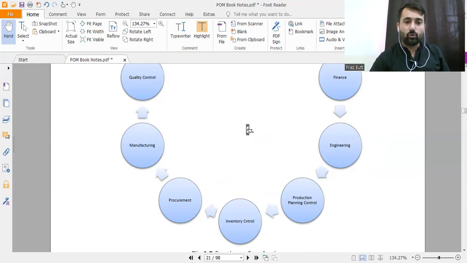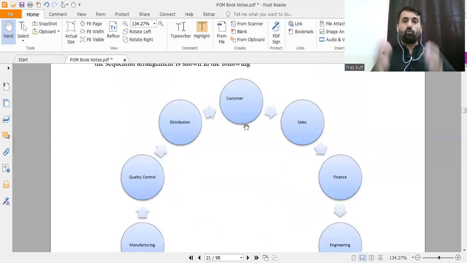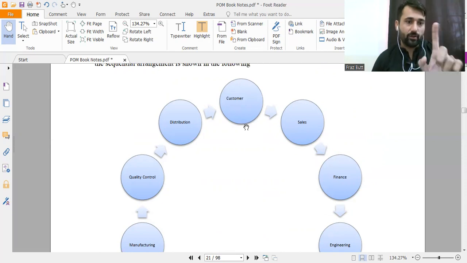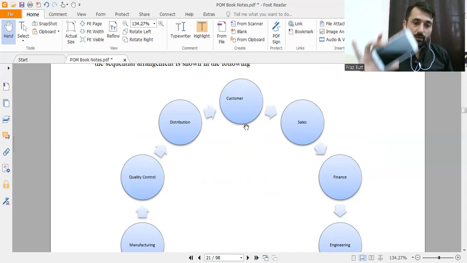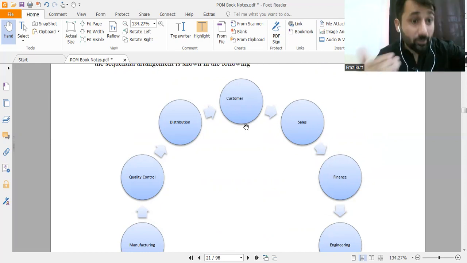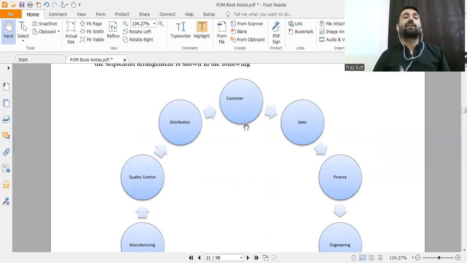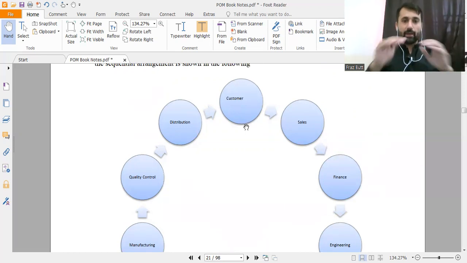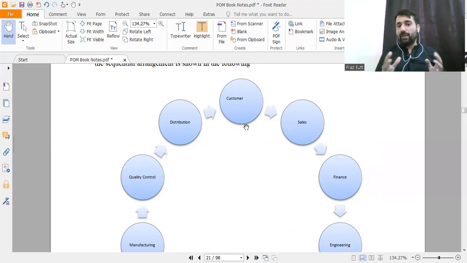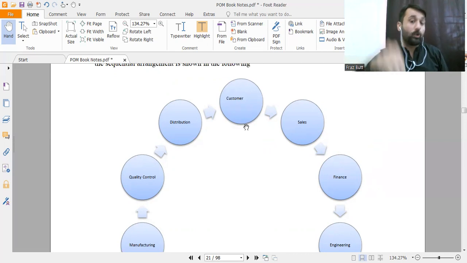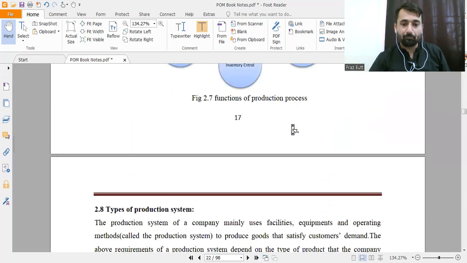And quality control, distribution: whether the standards that we communicated to the customers are as per their expectations. Does a customer give you a positive review? So you have to make the standard of your quality, and you need to be very aware not to keep your product below that line.